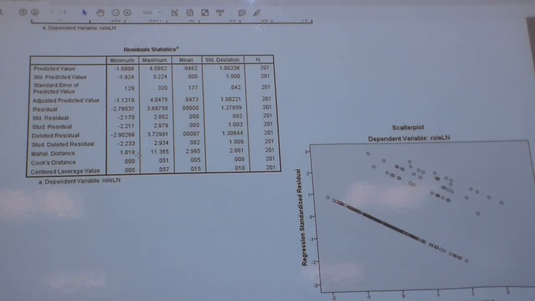Okay? And then what about heteroscedasticity? Maybe, right? It's kind of got a weird thing going on, but we just don't have that many cases here or here.